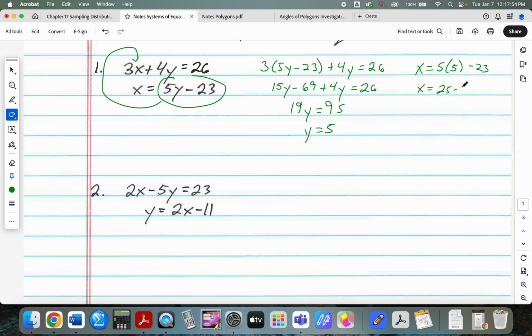So it's 25 minus 23 is 2. So our answer is always an ordered pair. Our solution is the ordered pair (2, 5). Straightforward enough? All right, everybody try the second one on your own, please.